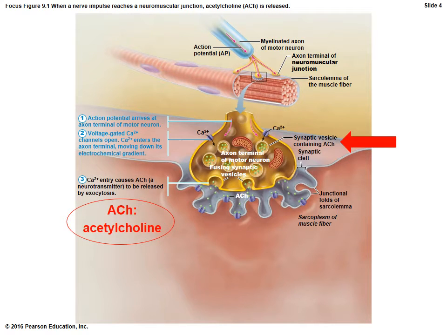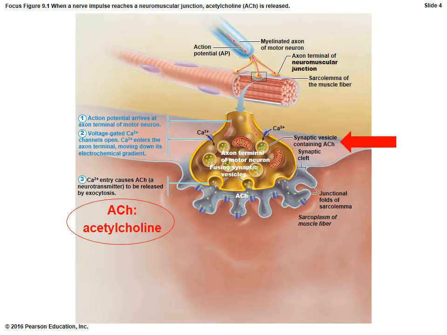Our third step is going to release this neurotransmitter called acetylcholine, ACh to be abbreviated. What you're seeing on your illustration right here, and you can take a look at the big red arrow on the right hand side, is that once the calcium floods into the axon terminal, the little synaptic vesicles contained within the axon terminal will migrate towards the bottom of the axon, and they will do exocytosis, meaning that they will release their content.